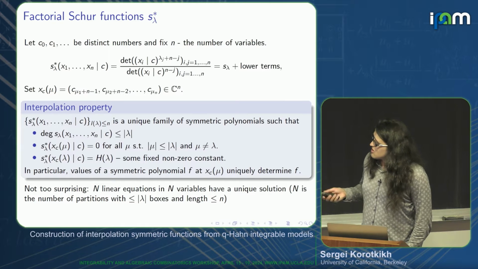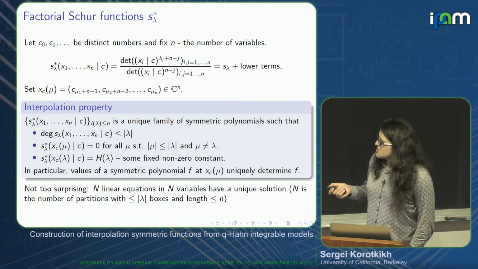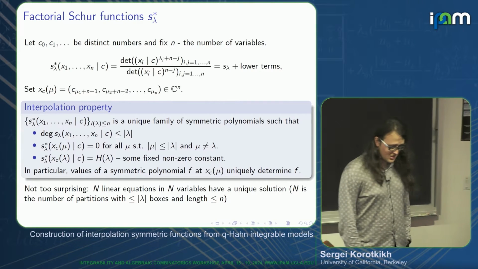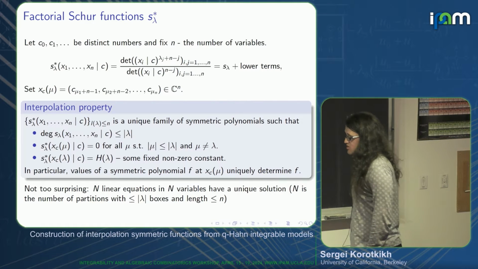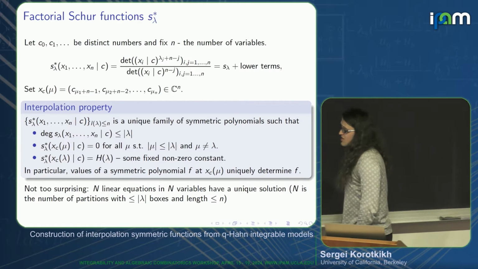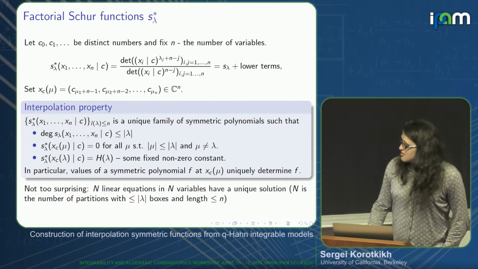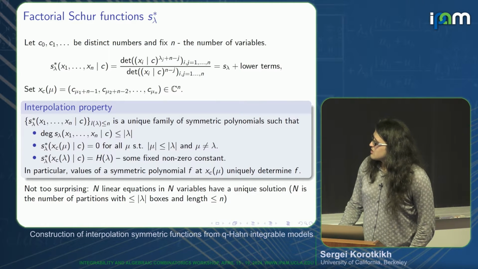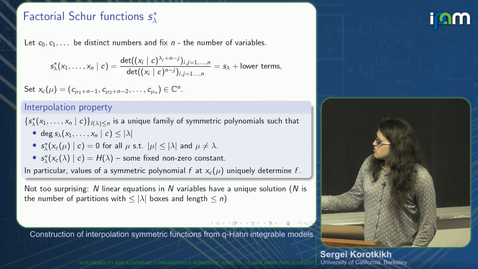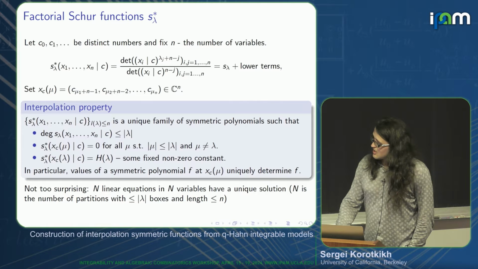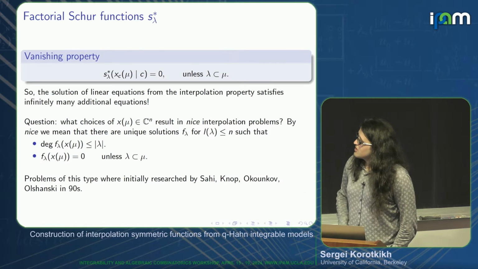But as was mentioned in this question, I have this property where I'm looking at all partitions whose number of boxes is less than or equal to that of lambda. It turns out that I can actually strengthen this property, and not just a little bit. If I try to relate the values of factorial Schur functions at points x_mu for different partitions mu, I will actually see some magic happening.